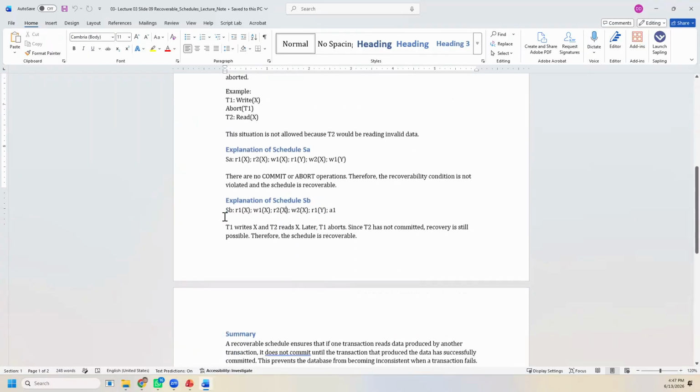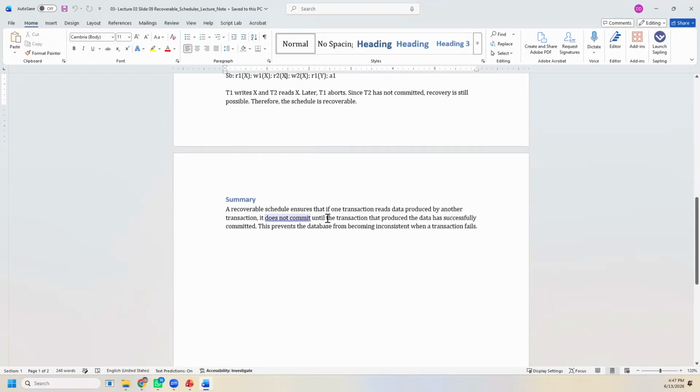A recoverable schedule ensures that if one transaction reads data produced by another transaction, it does not commit until the transaction that produced the data has successfully committed. This prevents the database from becoming inconsistent when a transaction fails.